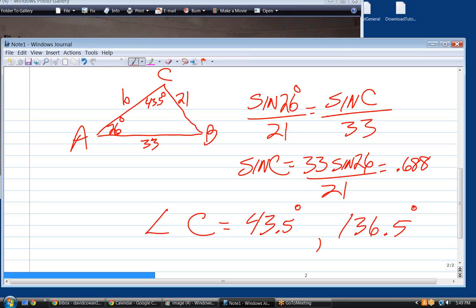Oh, yeah. Or wait, yeah, we can now. Okay. So it's sine 26 over 21 is equal to sine 43.5 over B. No. You have to make sure you're dealing with the angle and its opposite side.